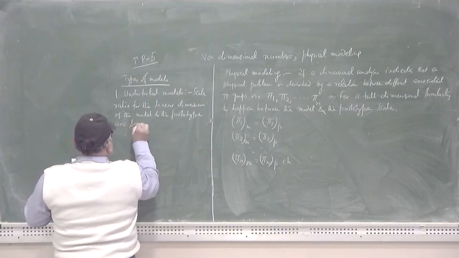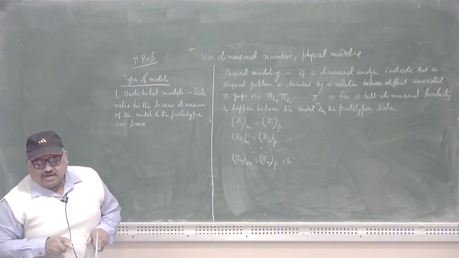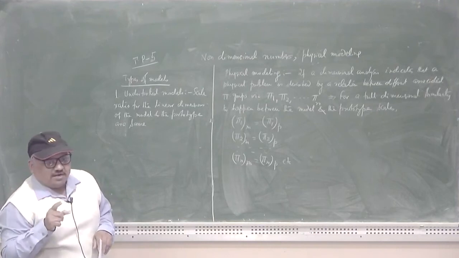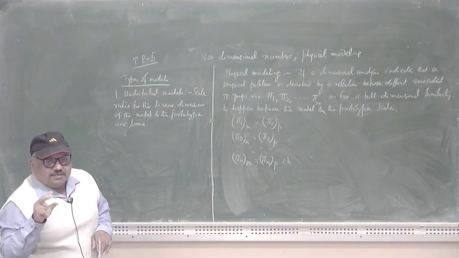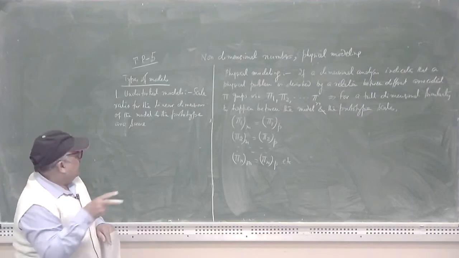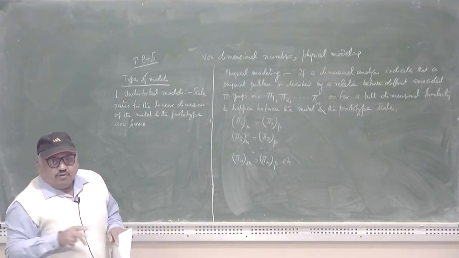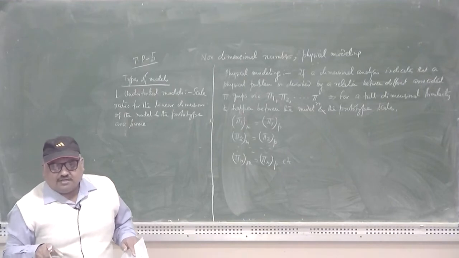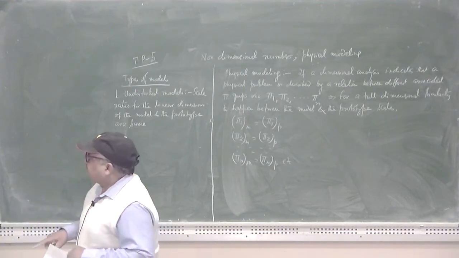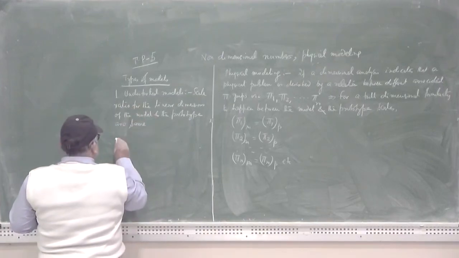That means, let us suppose the scale ratio for the linear dimension for the model is half, then the scale ratio for that linear dimension for the prototype should also be equal to half. When this condition persists, such a type of model is called an undistorted model. These models are easier to study.